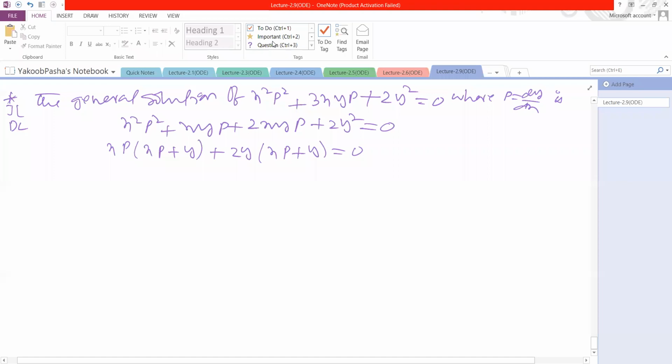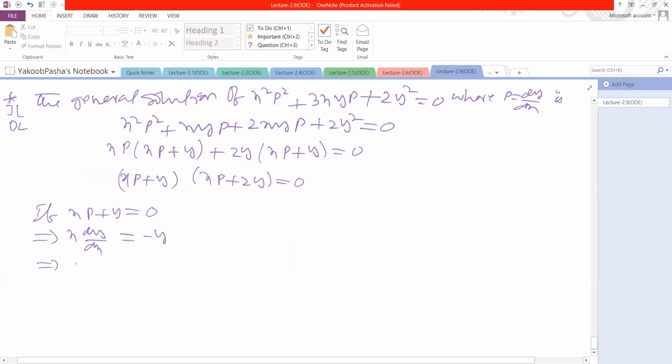Okay, so after completion of this problem, I will stop here. Now I am taking xp plus y common again. (xp plus y)(xp plus 2y) is equal to 0. If we equate xp plus y equal to 0, we get x into dy by dx is equal to minus y.